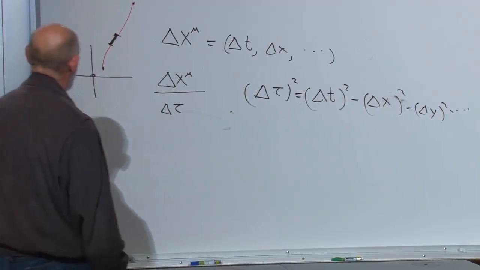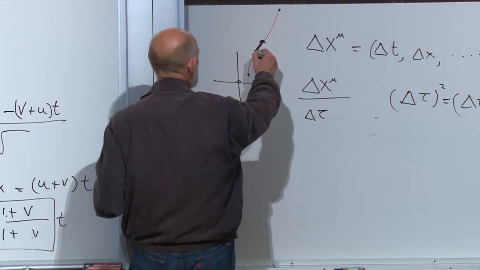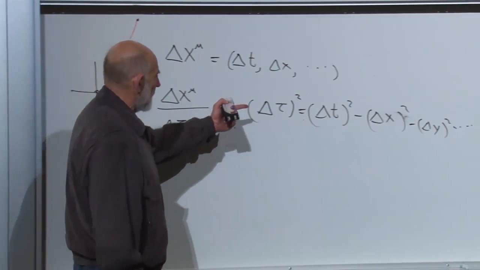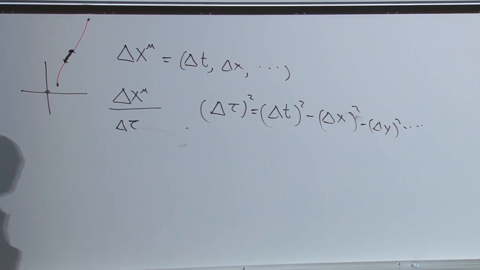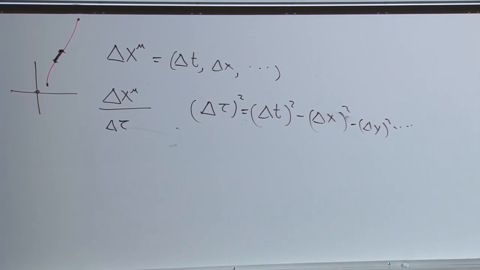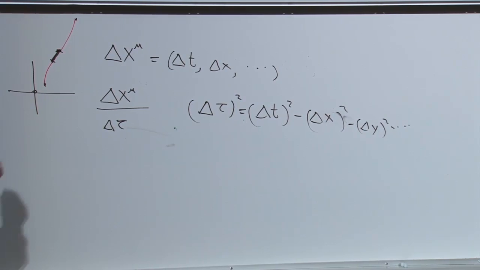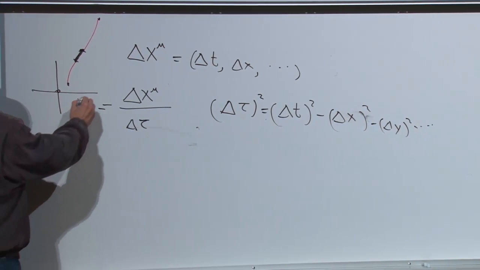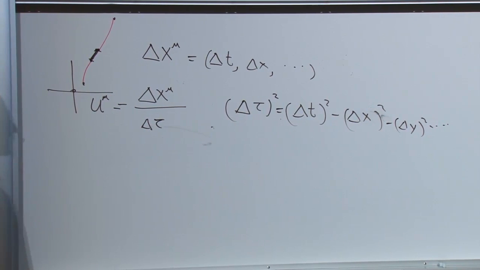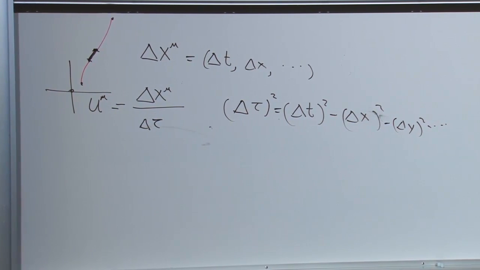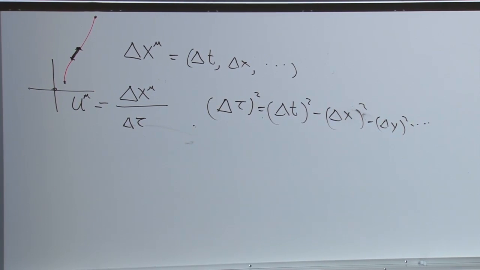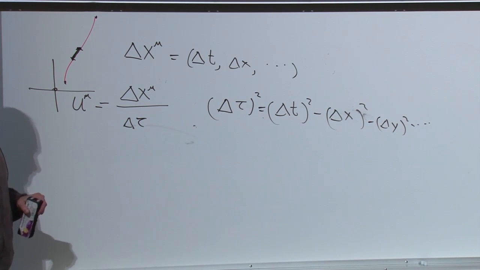In other words, it's the invariant space-time distance between this point and that point. We take the square root of this, and it gives us delta tau, and that is called the four-velocity. It's labeled by a u instead of a v, and it has an index mu, so it runs from 0 to 3, four components. Now, how does this thing relate to the ordinary velocity?